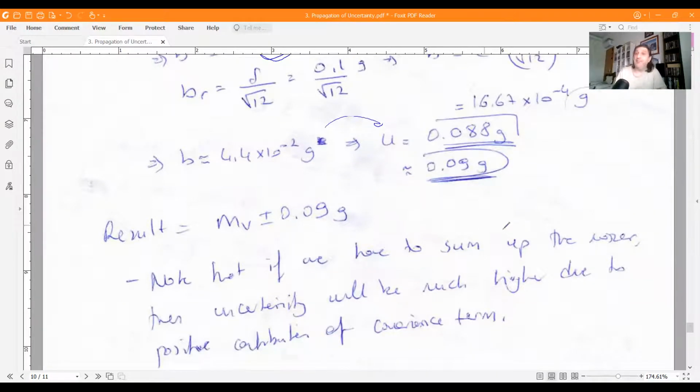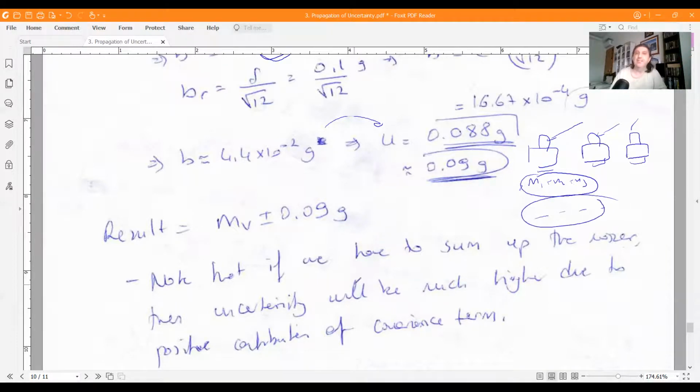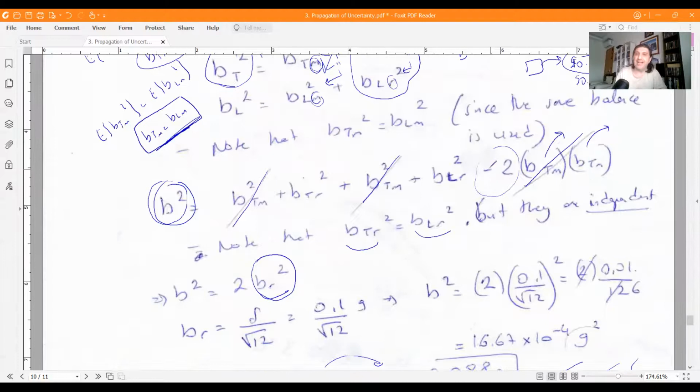Note that if we had an operation which needs adding the mass values using the same weight, these are not cars, these are our lab scale using different masses, then we are going to add those masses, let's say, in our computation. Then the uncertainties will be added. Basically, this minus sign would have been a plus sign due to addition.